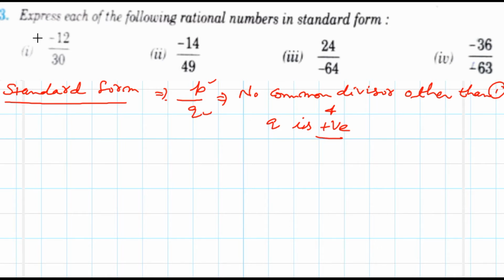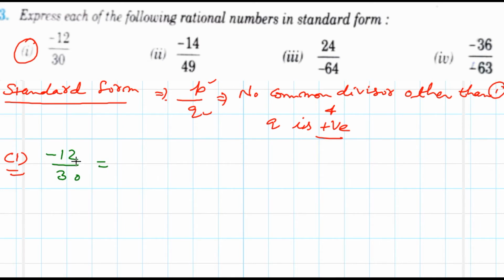So we have to express this in the standard form. For that we will write minus 12 upon 30. First, Q is positive, right? And the second condition is no common divisor other than 1.